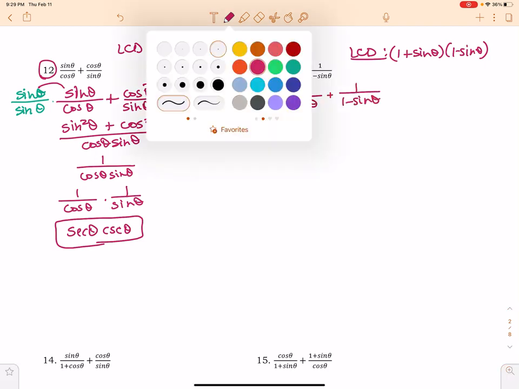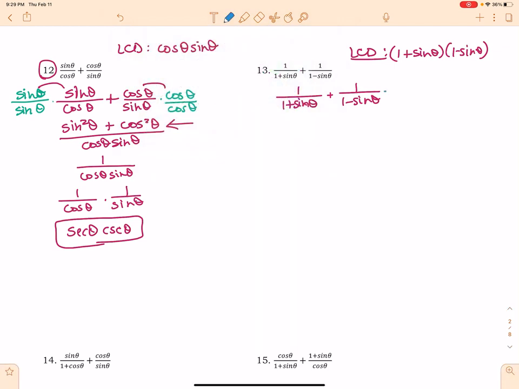And then, of course, I am going to multiply both sides by the part of the LCD that's missing. And then, of course, I am going to simply multiply that.